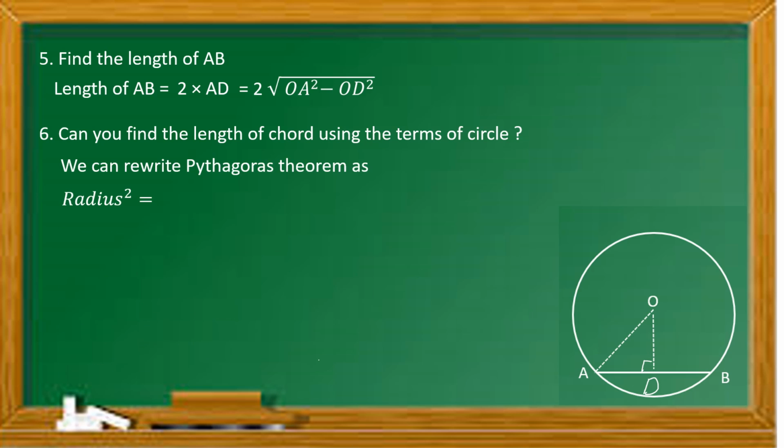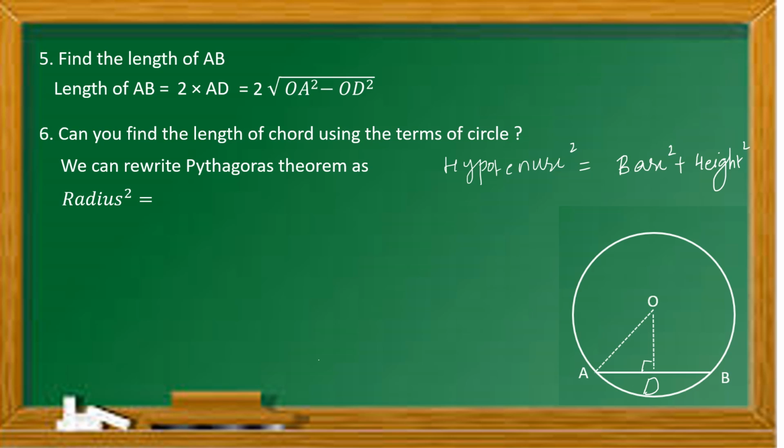See, what is Pythagoras theorem? Pythagoras theorem is hypotenuse square is equal to base square plus height square, isn't it? So here, what is hypotenuse? Radius of the circle. So hypotenuse can be replaced with radius square.